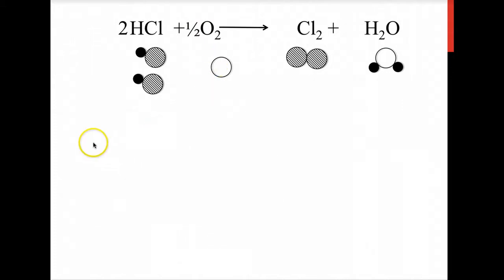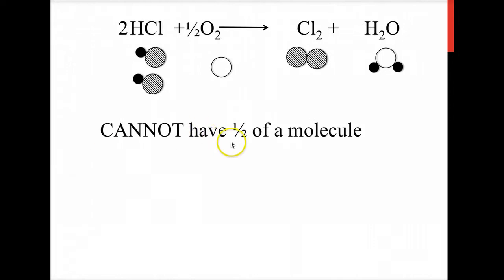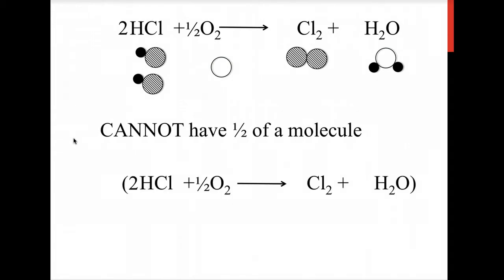Now that creates a problem because oxygen is diatomic, and we cannot have half of a molecule. So let's think about this algebraically. How can we fix this using algebra? Well, if we take our equation that is now balanced, we can multiply this by something to get rid of this half.